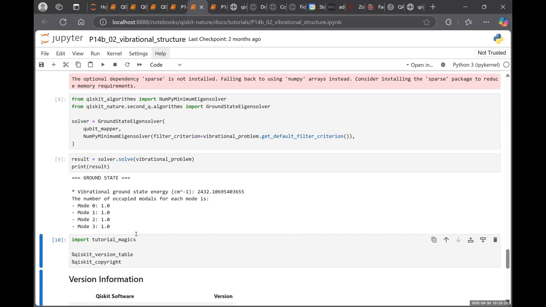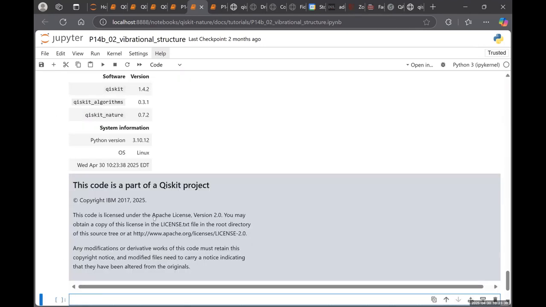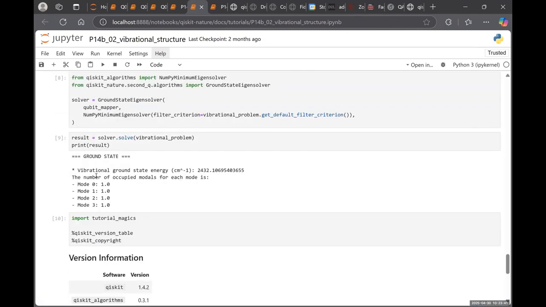Okay, the vibrational ground state energy is this, using inverse wavelength. The number of occupied modals for each mode is this.